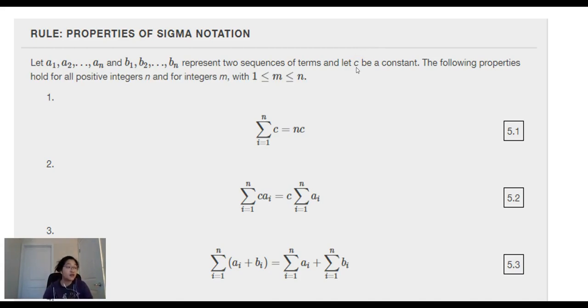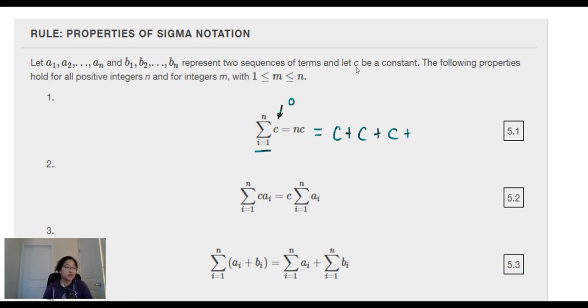So when we have the sum from 1 to n of some constant c, that means that we get n times c, because each term is going to be a c. We're adding just c, and nothing is changing because there's no i's in there.